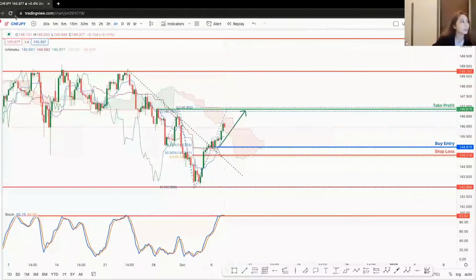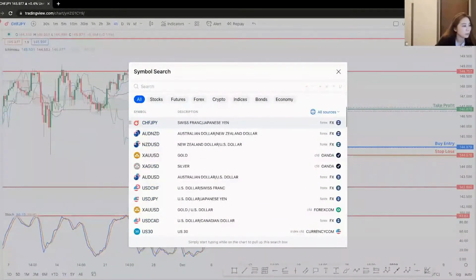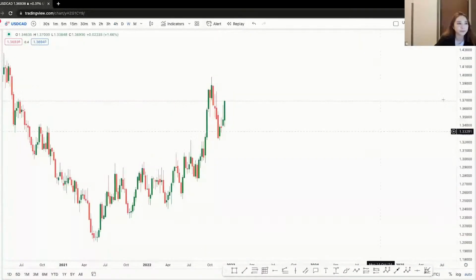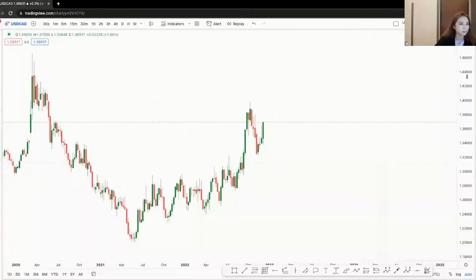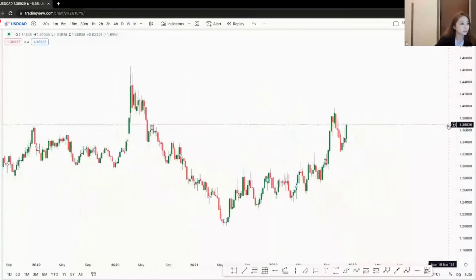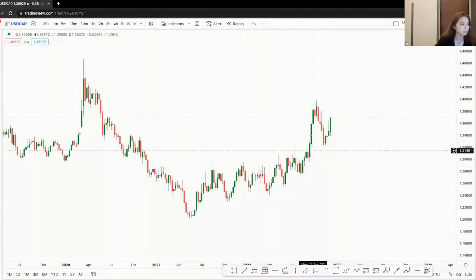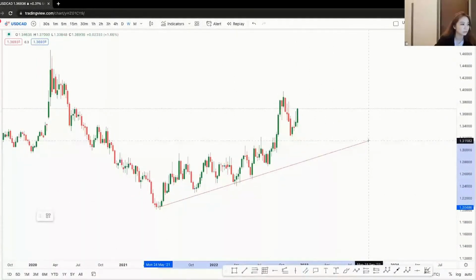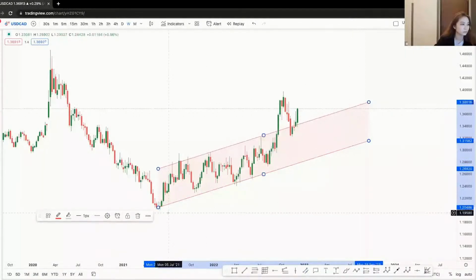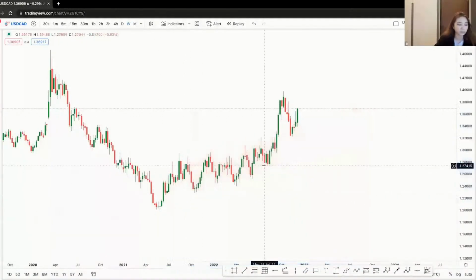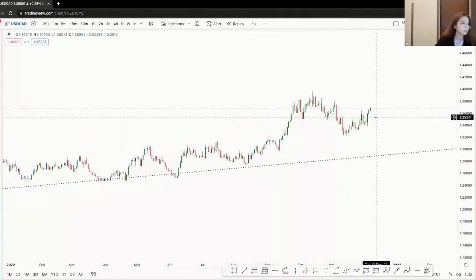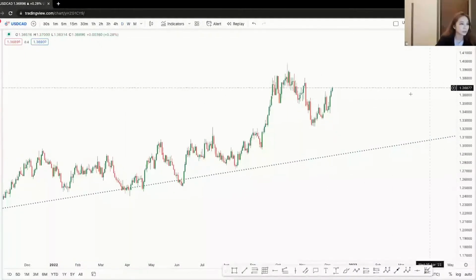Okay, let's look at another pair. Dollar CAD it is. No particular channel or anything, but there is an upward moving slope on the daily. The slope seems to be slowing down a little bit.